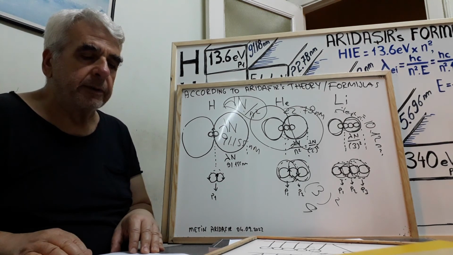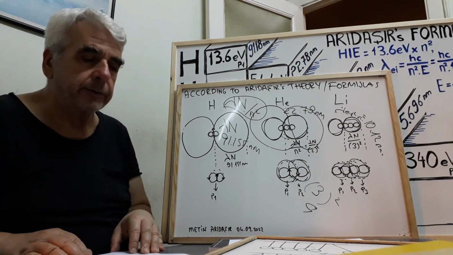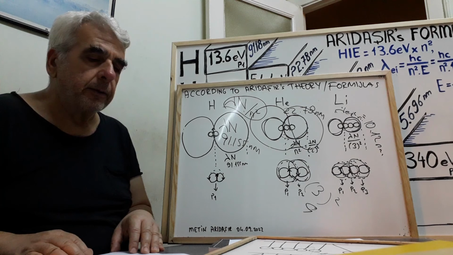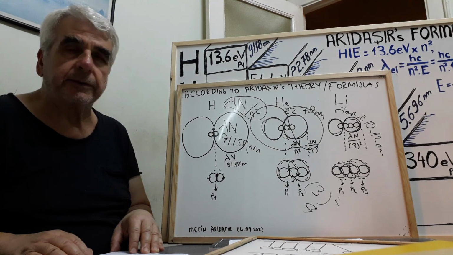First proton-bounded electron has smallest wavelength and highest ionization energy value. 7. All ionization energies in an atom are ground state energies also.